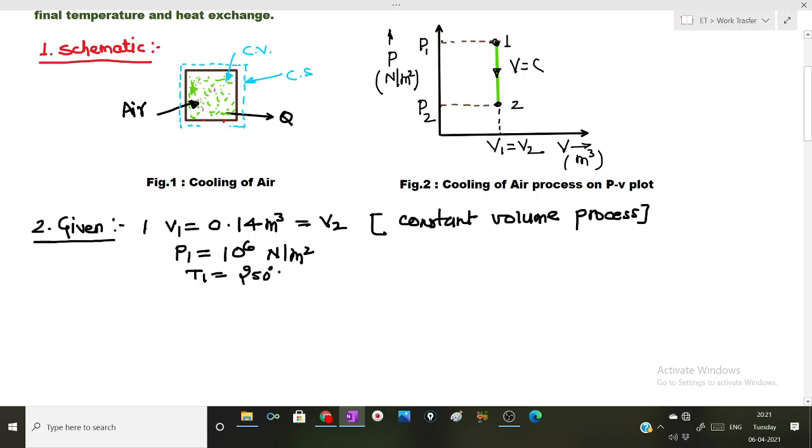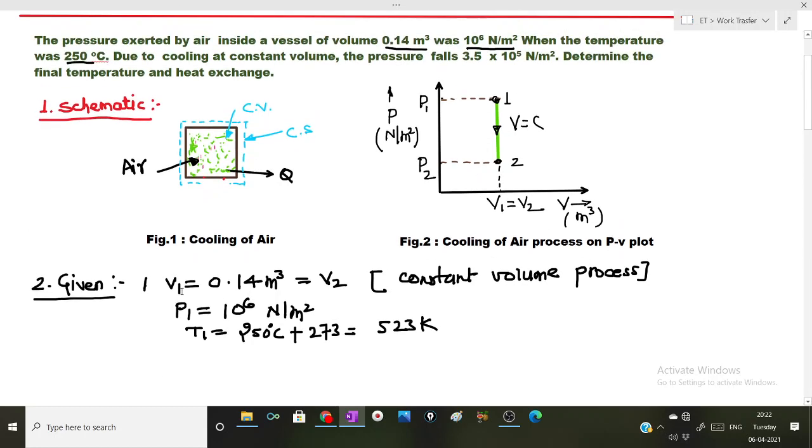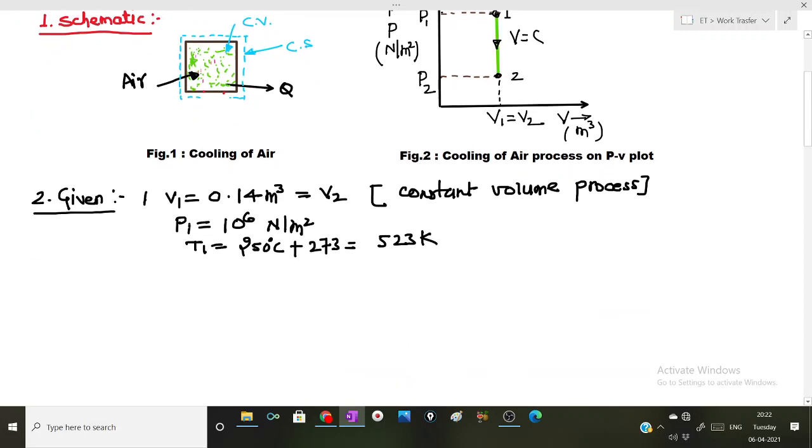So we will convert it into Kelvin. This will be 523 Kelvin. At state 2, V2 is equal to V1 and P2 is 3.5 into 10 to power 5 Newton per meter square. And the gas is air.